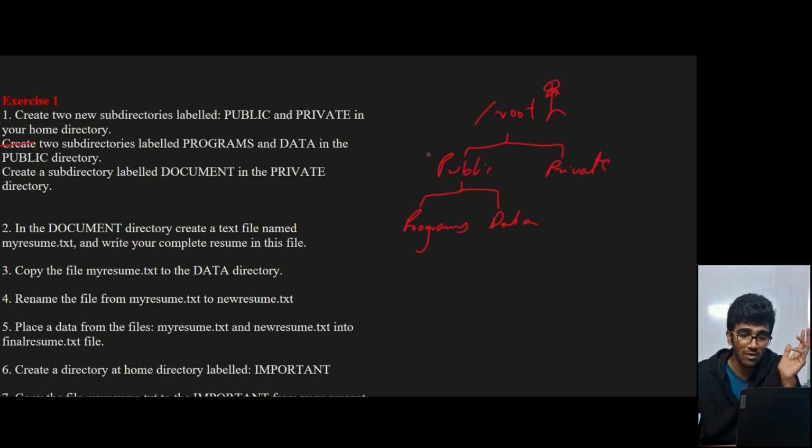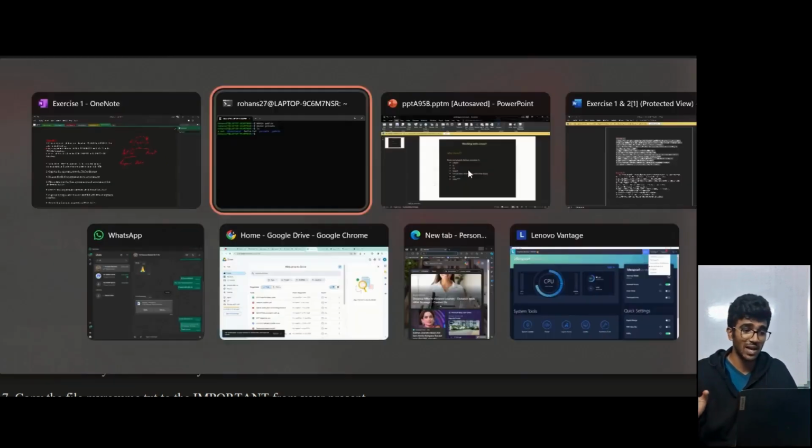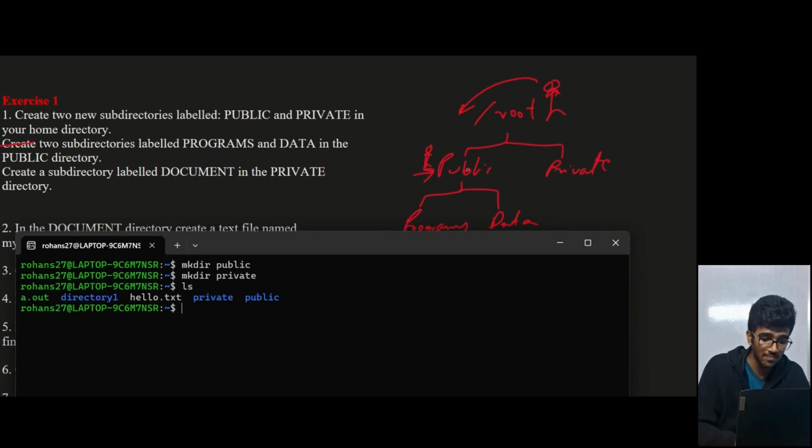If you want to move from here to here, you have to write cd space the one you want to move to, that is cd space public. Let's do that. cd space pub and I press tab, so that you clearly move to the one which is present. There is no room for spelling mistakes like this.